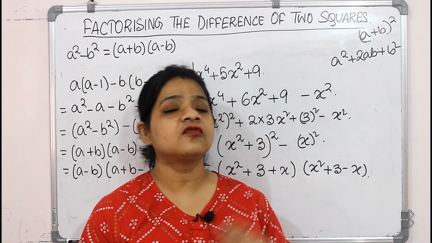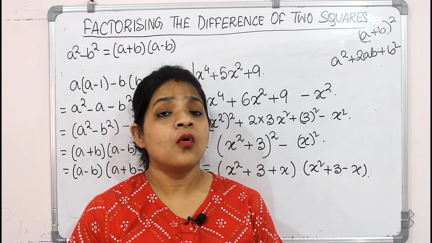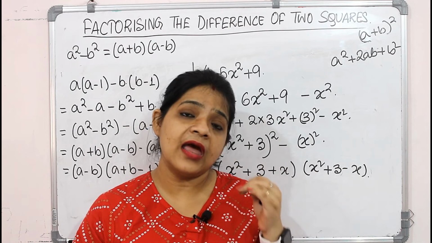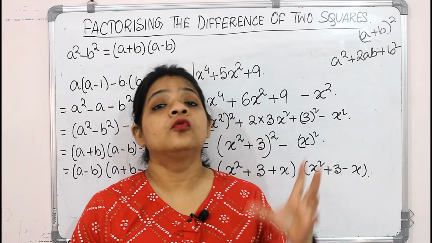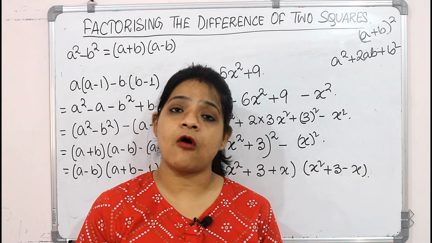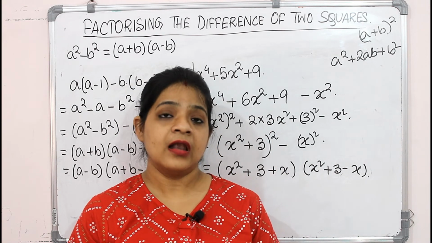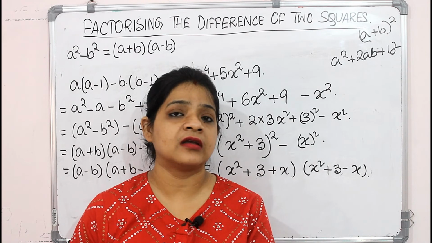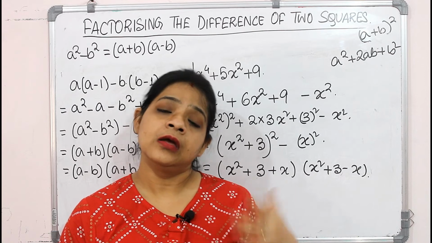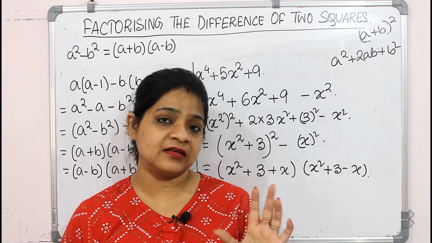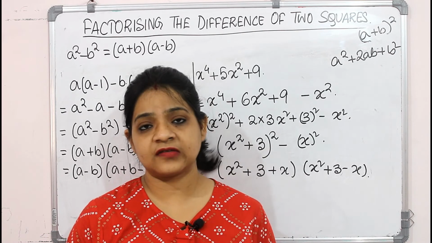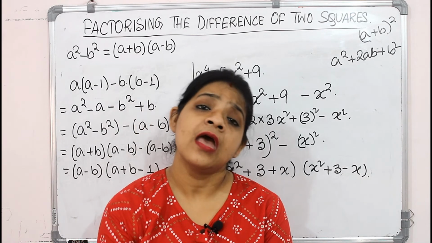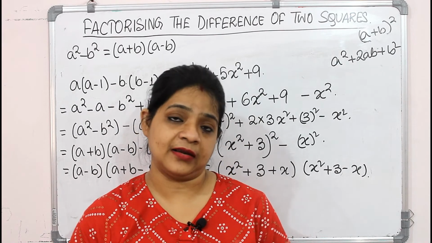Okay, so in solving this type of sums, your one and only motive will be to express the terms in the form of a difference of two squares. Like in the first set of sums I told you, it was very easy to find out. In the first sum, you can easily identify that it is a perfect square, and accordingly you have used a square minus b square to find it.